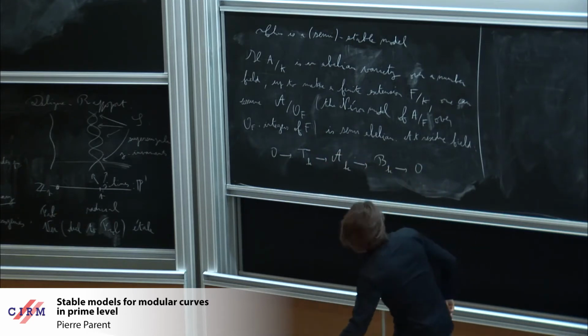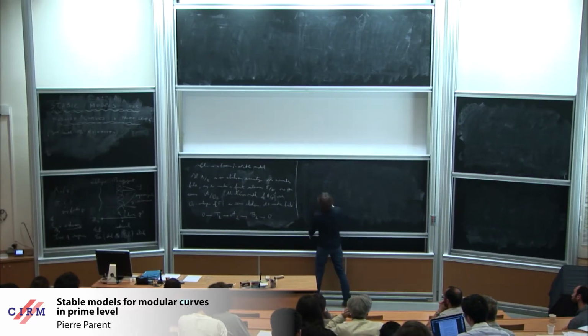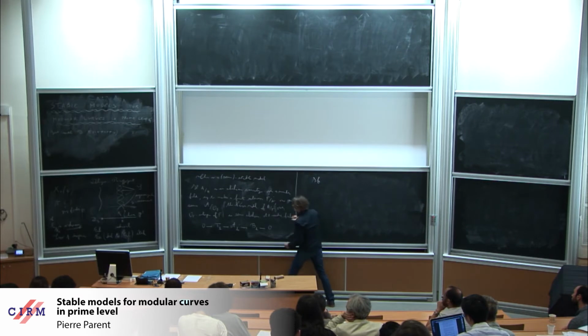And we can describe, in the case A is the Jacobian, so this is for the 0 component of the fiber.